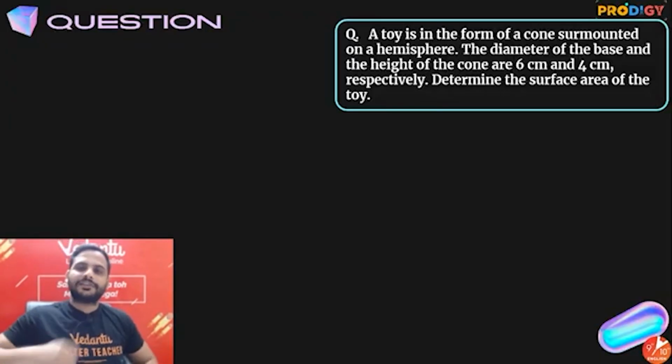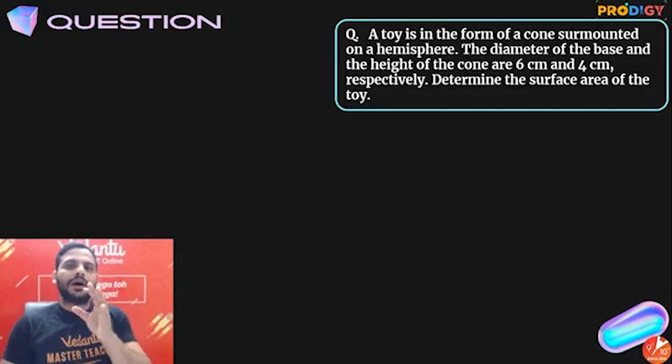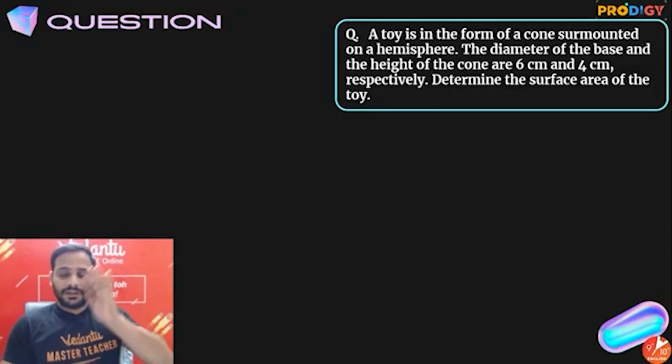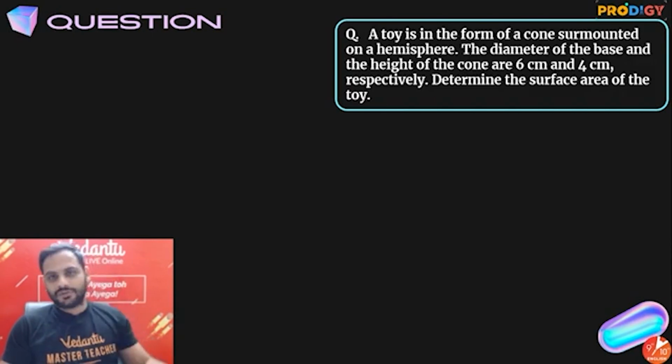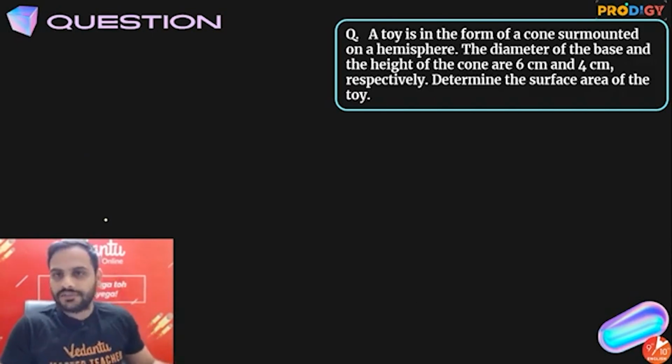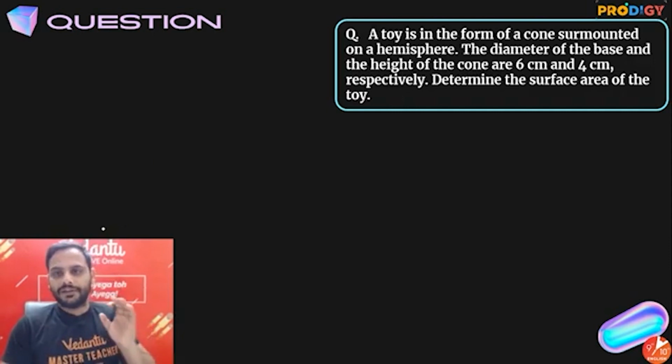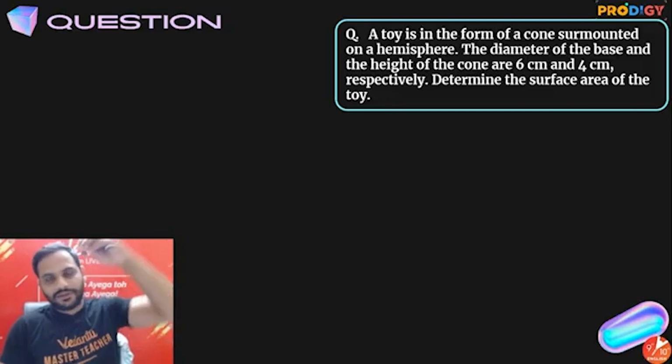Okay, next question, guys. It's always about analyzing the problem. If possible, draw the diagram, think about the shape. Here, a toy is in the form of a cone surmounted on a hemisphere. That means you have a hemisphere at the bottom and on that you have kept a cone.